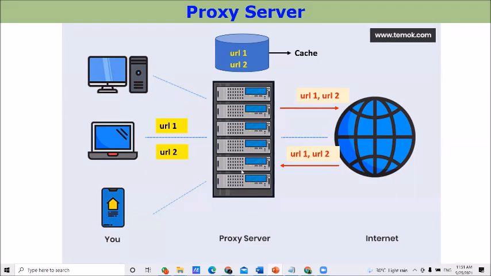Then the proxy server filters URL 1 and 2 for harmful or unnecessary content, making sure that unnecessary things are not in them. Then it goes back, after filtering, to your station as URL 1 and URL 2. This is how the proxy server works.